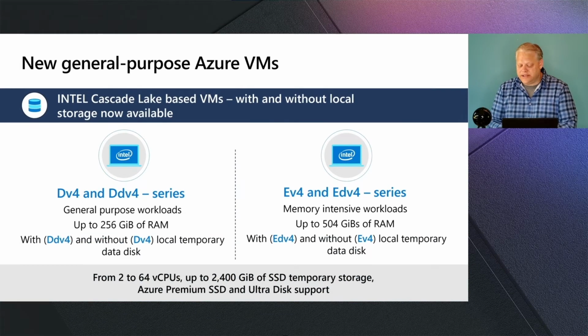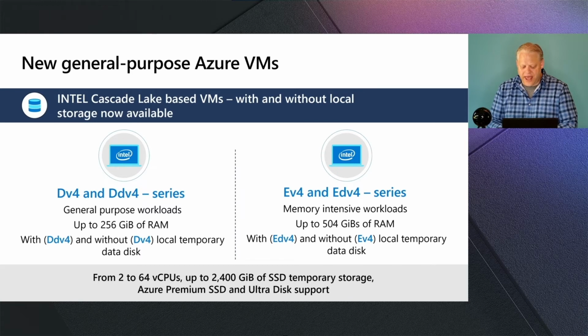We've also released the D and E version for our Intel offerings. And so specifically our Intel Cascade Lake-based systems, the D and E machines, again, 4 gigabytes and 8 gigabytes of memory per vCPU. And we've also added a difference here that allows you to lower your cost if you do not need the local disk.